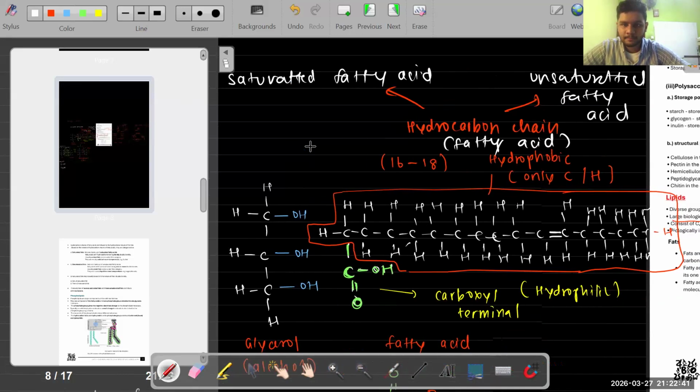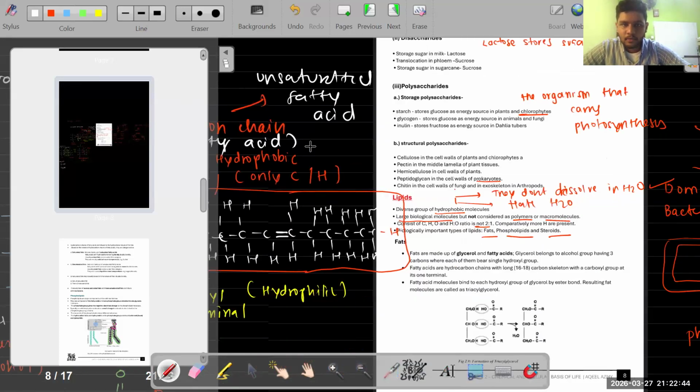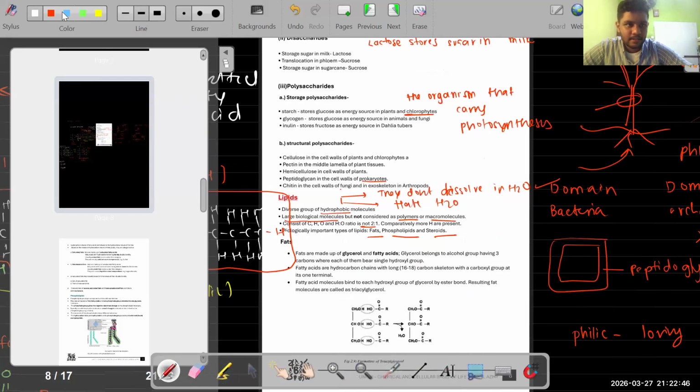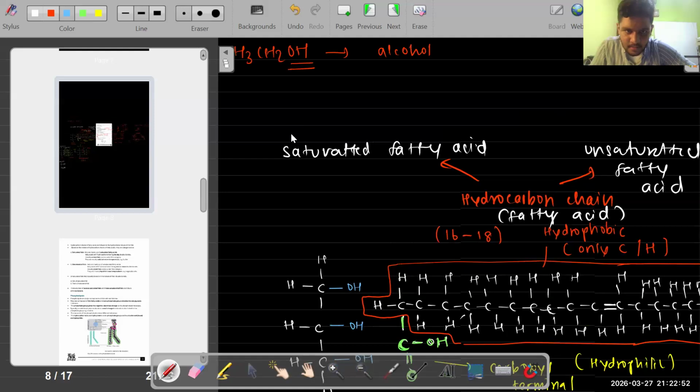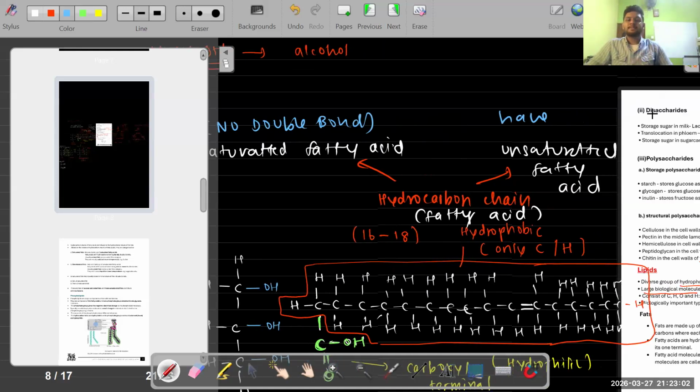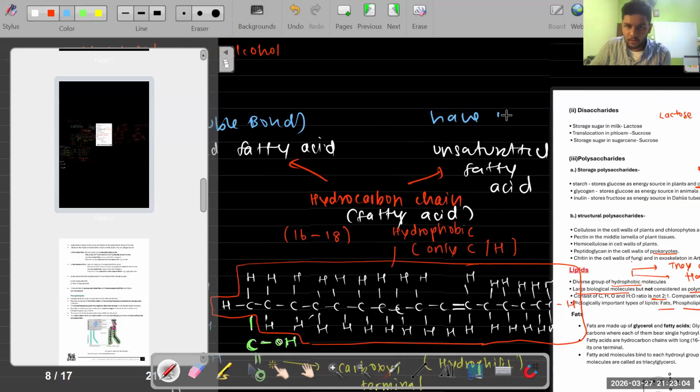Let's go back. Right. See, now I'll write it here. Saturated fatty acid means no double bond. Right. So unsaturated means having double bonds. It is not compulsory to have only one, so one or more double bonds are present.